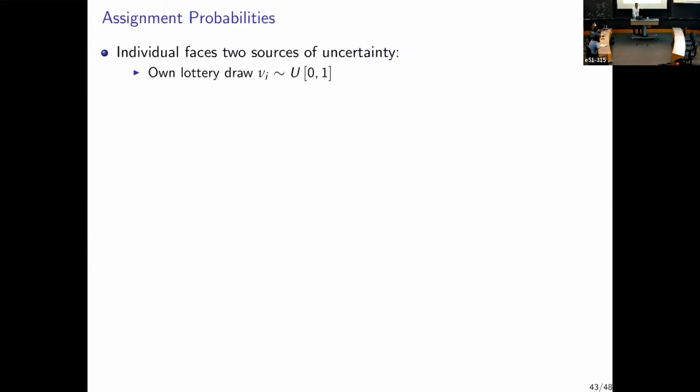Okay, so now the question before was, how is it that we can construct the lotteries, right? And that was an important building block to everything that we did. We said, oh, these lotteries are going to be input to the estimation method. We need to have them somewhere.